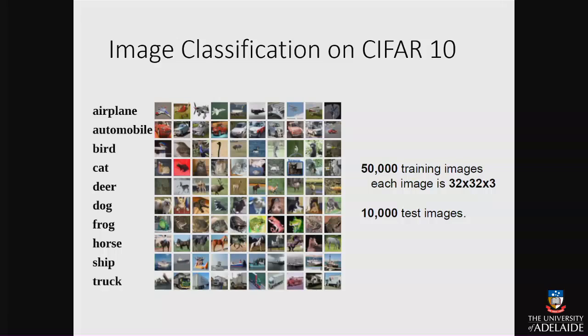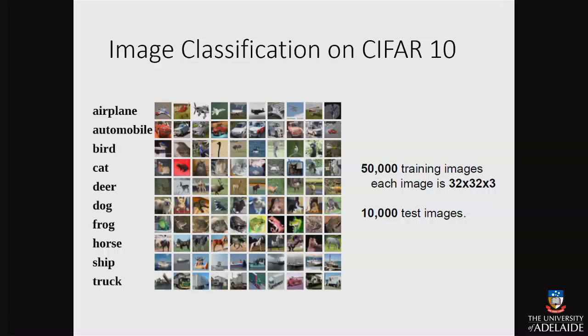Each image in the dataset can be categorized into one of 10 classes. The size of the image is 32 by 32 with RGB 3 channels. So in total you have 50,000 training images, each of size 32 by 32 by 3, where 3 is the channel size, and you have 10,000 test images and 10 classes.